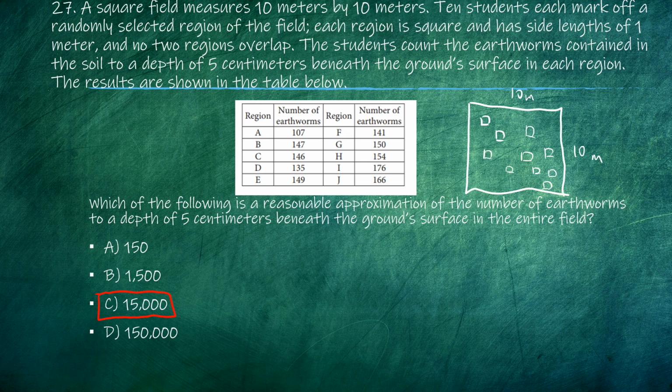So please note these are not drawn to scale. Each of these squares is 1 by 1. So the total area of this field is 10 times 10, which is equal to 100 square meters.